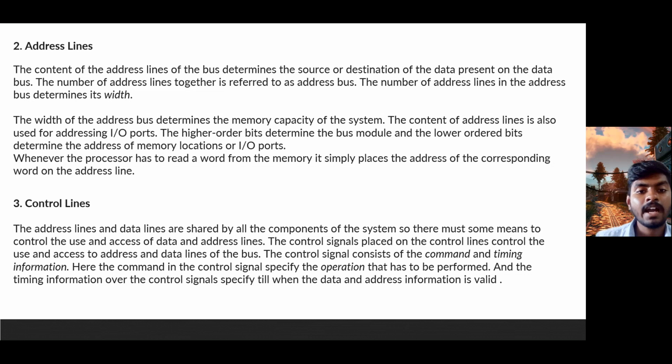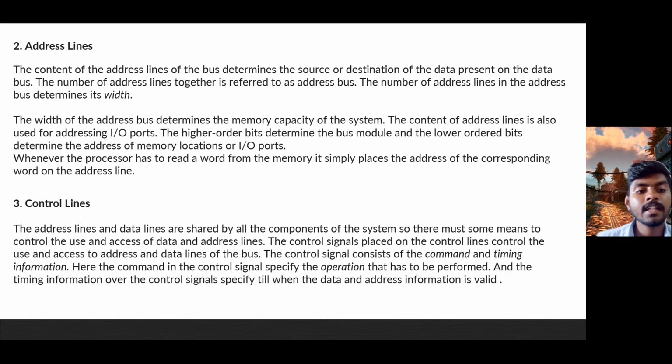The content of the address lines is also used for addressing I/O ports. The higher order bits determine the bus module, and the lower order bits determine the address of the memory location or I/O. Whenever the processor wants to get a word from the memory, it simply places the address of the corresponding word on the address line.